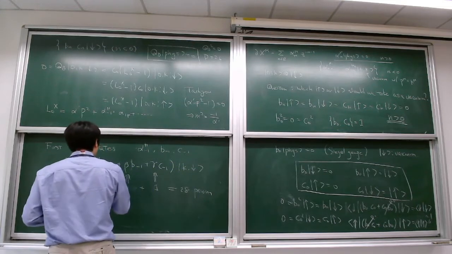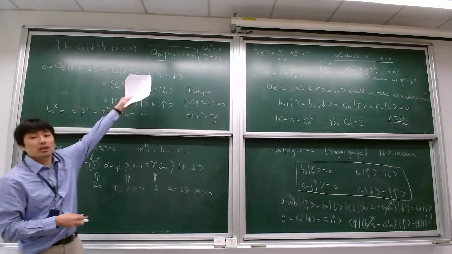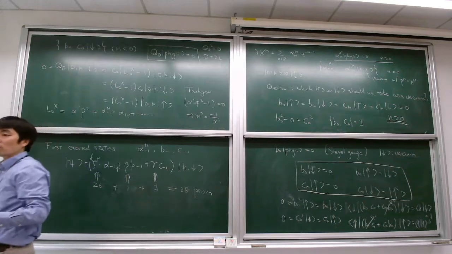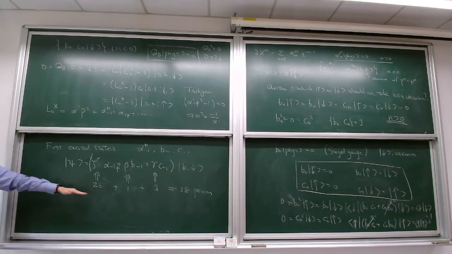But some of them should be killed by imposing this BRST quantization condition because it's too much. So at the end of the day, how many physical degrees of freedom should you have for the open string? At the end of the day, how many? 26. No.